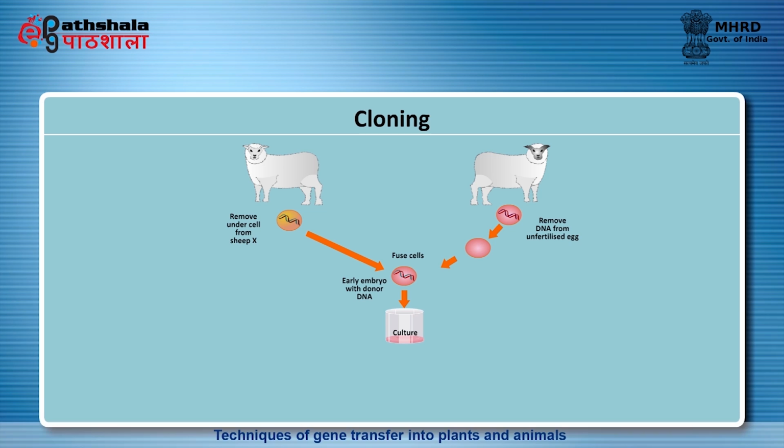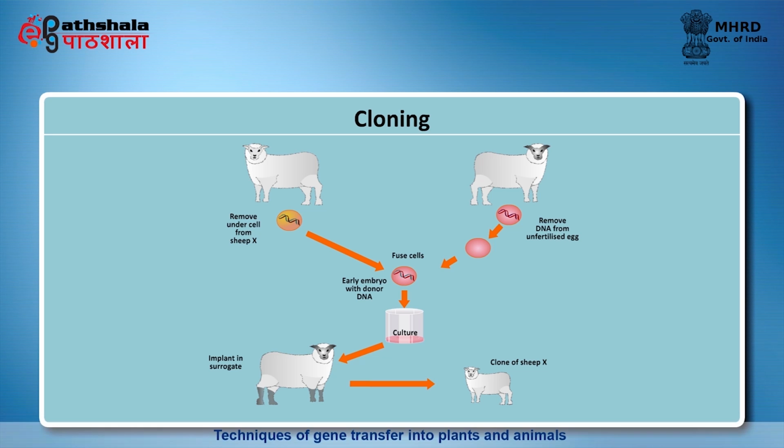This cell with the new nucleus is then inserted into the pseudo pregnant surrogate mother animal, which carries the calf to term and delivers it. The newborn calf will express the new genes in the transferred nucleus and is therefore the transgenic animal.